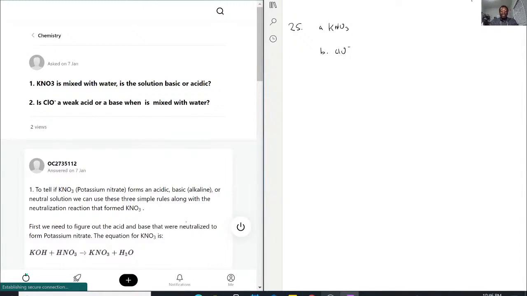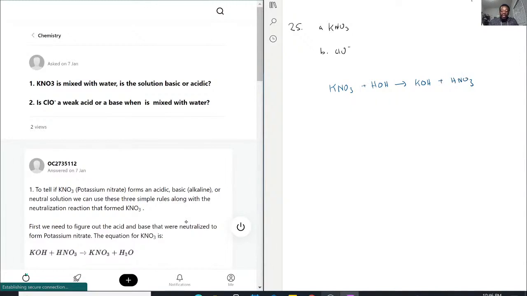Okay? So if we just draw the form, we have K⁺, well, KNO3 mixed with water. We're going to do a substitution. That's what we're going to aim for. So I'm going to write this as HOH, because that turns into KOH plus HNO3.